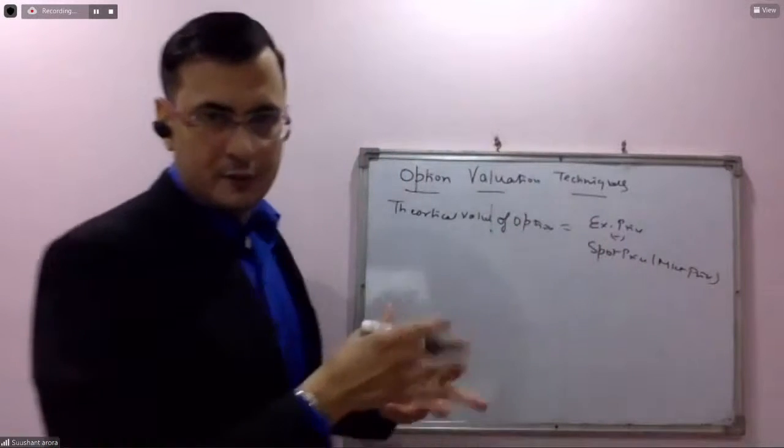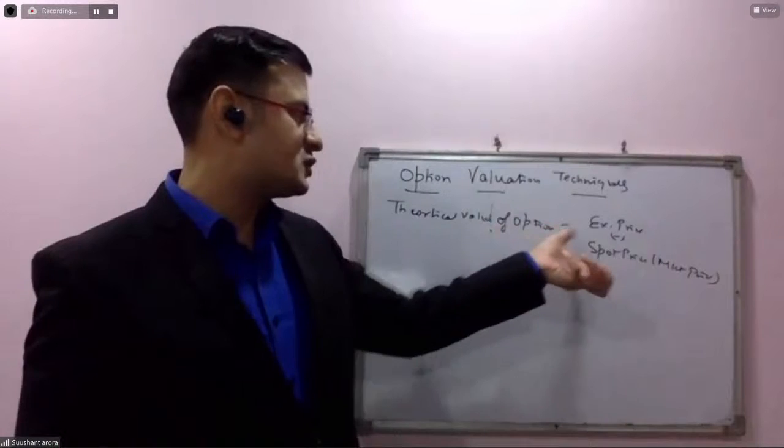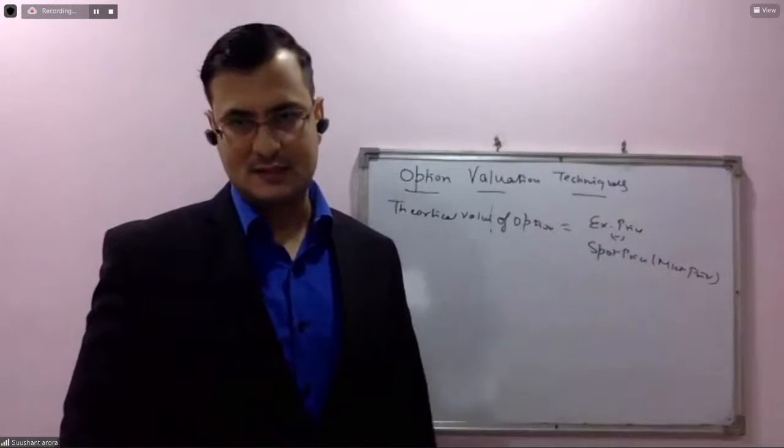Same thing. Spot price means what is the price today? What is the spot price right now? So the theoretical value has to be exercise price minus the spot price.